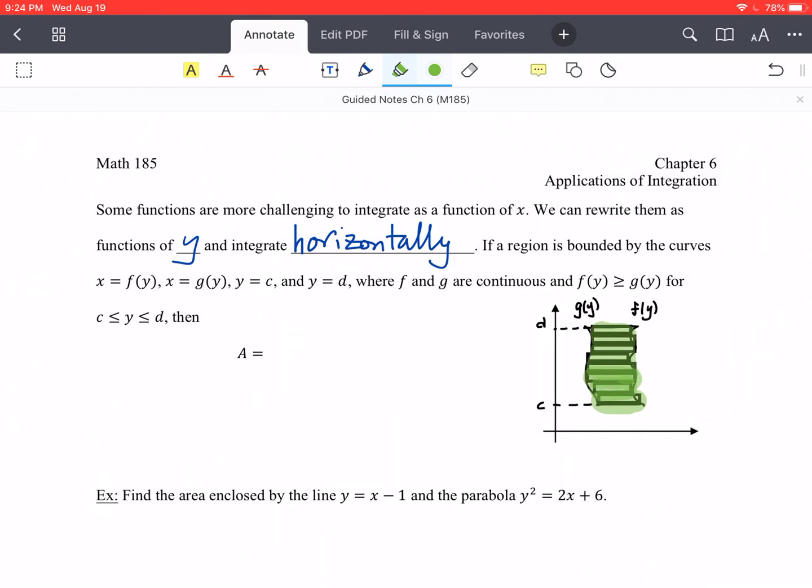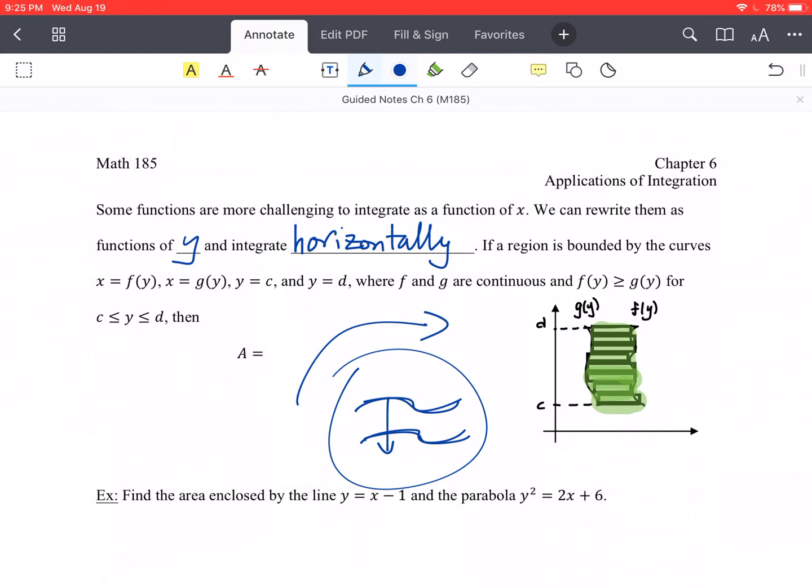You have to rotate your thinking a little bit on these horizontal integration problems, because we're so used to the idea of top to bottom. So I take top function minus bottom function, but if you rotate this 90 degrees that way, what you have is this and that, and now this is quote-unquote top, and that's the quote-unquote bottom.